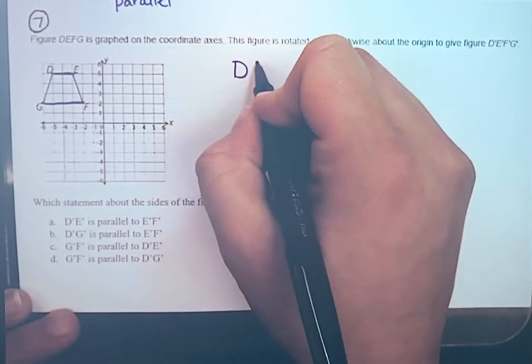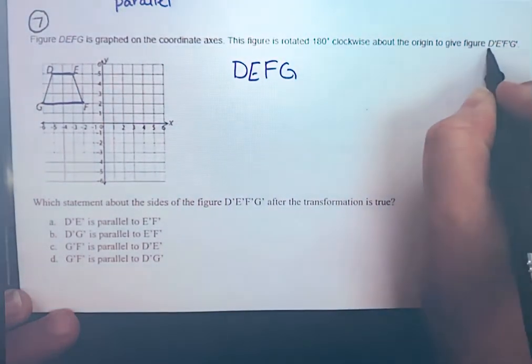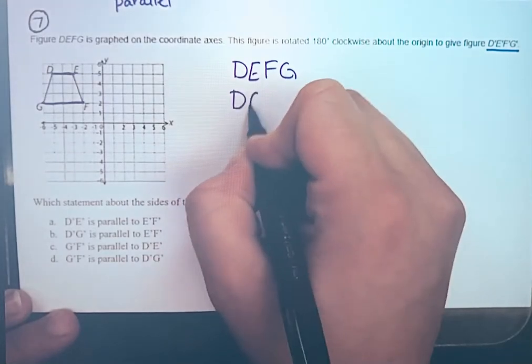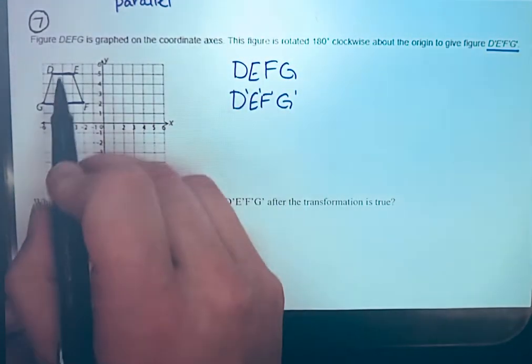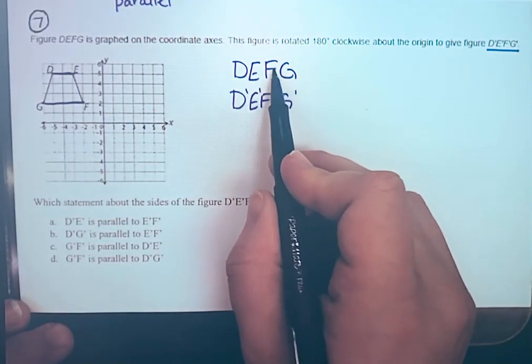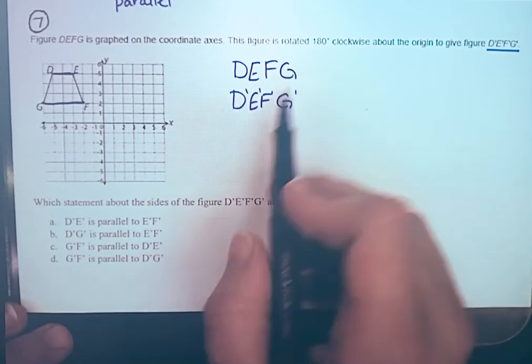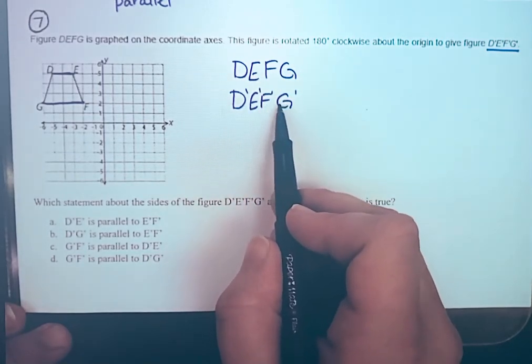So if we have the letters DEFG, and it's going to become DEFG prime, and if DE is parallel to FG, then DE prime is parallel to FG prime.